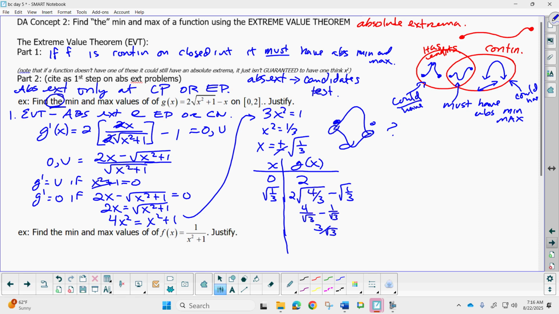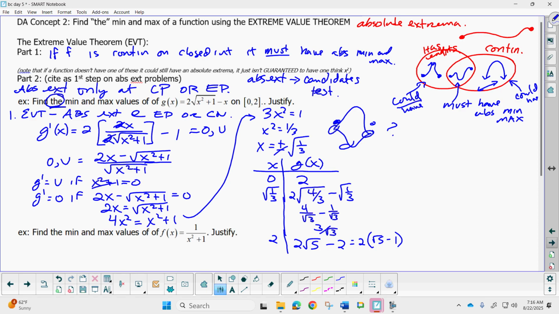All right, so what about 2? If I put in 2, please be clean. Nope, not clean. 2 root 5 minus 2, or 2 times root 5 minus 1. Oh, doctor.